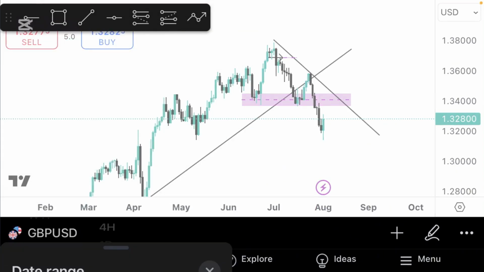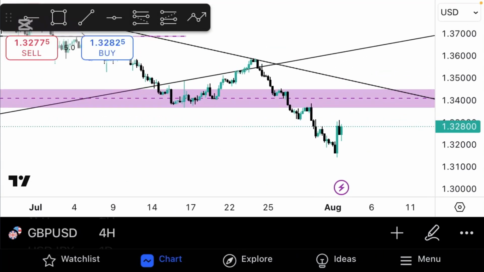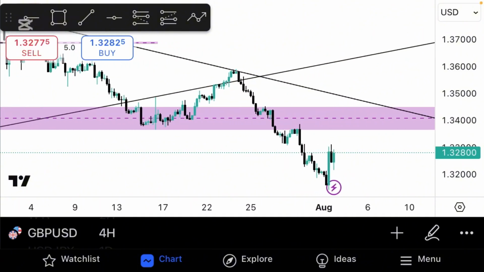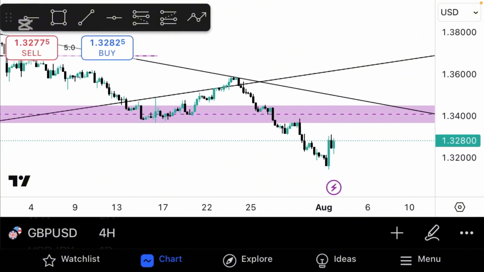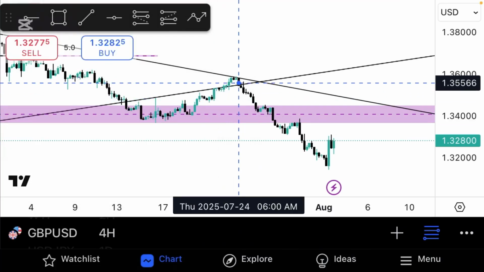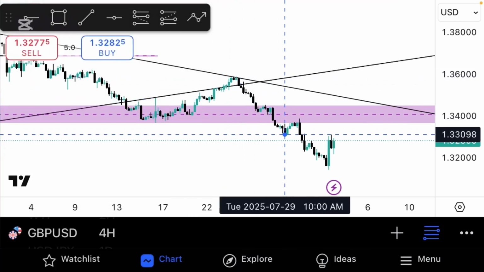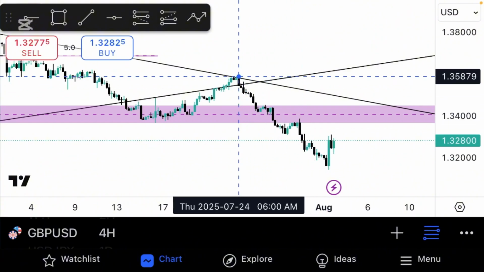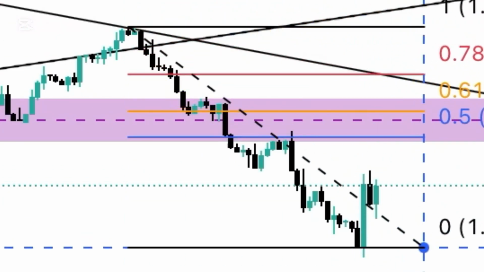Stepping back down to our 4 hour time frame, the confirmation that is going to help us on the GBP USD bearish move is taking a fib level from the beginning of this bearish sell off to here.